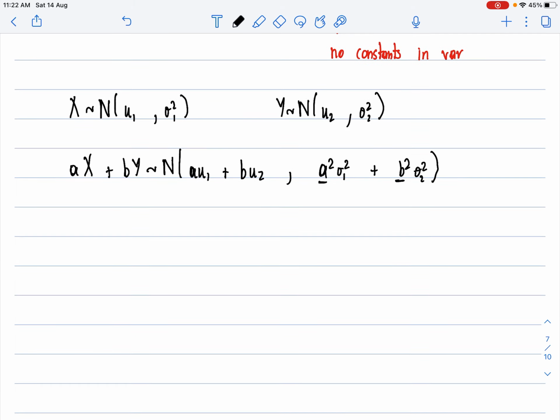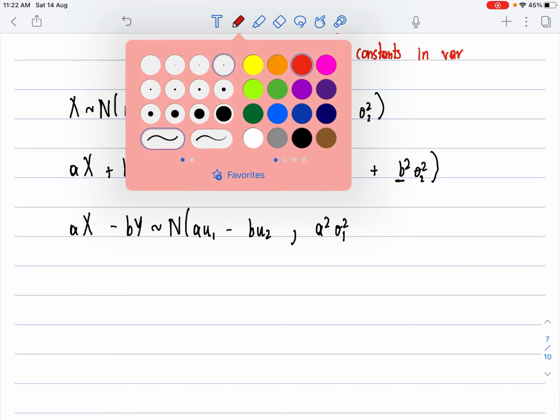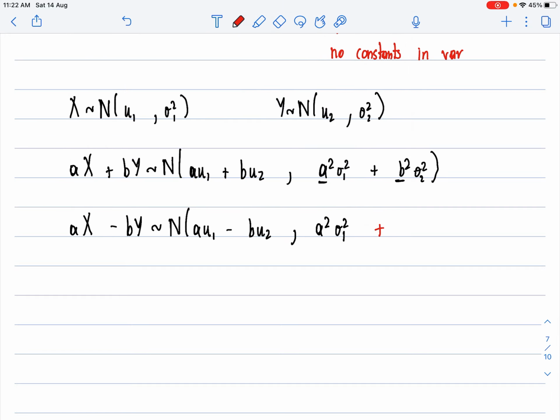Now you will have ax minus by, which is normally distributed. This will be a into the mean 1 minus b into the mean 2, and the variance will again have a square with the variance 1, but now the sign in the middle will remain positive, correct?